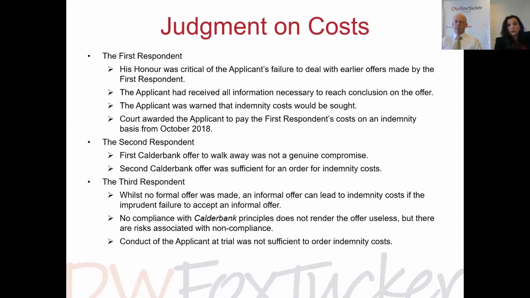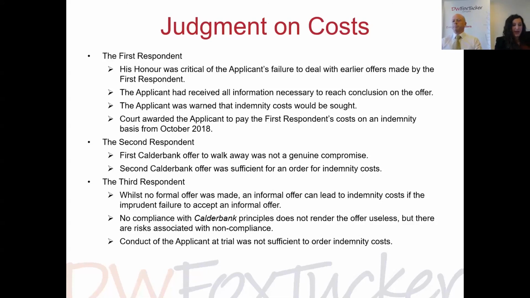Now, that offer was open for 9 days, and at the same time that that offer was filed, the second respondent also sent a Calderbank letter which set out the same terms of the offer that was filed, which was an incredibly good decision by the second respondent for these reasons.